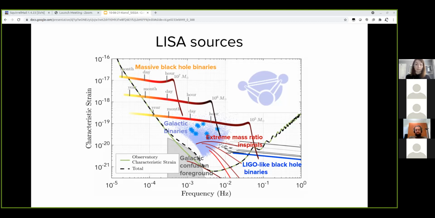We expect tens of thousands of these binaries to be above the LISA noise curve, while the rest of the binaries constituting our Milky Way, which are millions within the LISA band, will blend together to form this confusion foreground represented here in gray. And finally, you also see some blue stars on this plot, and these are binaries that we have already discovered with the electromagnetic observatories.